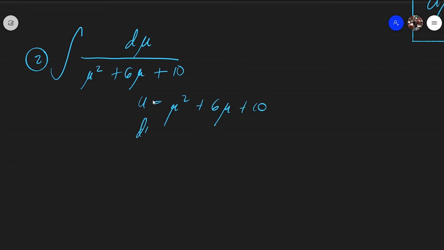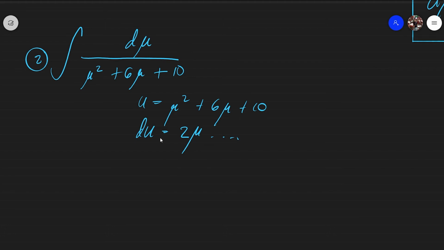And if you get the value of the du, you'll get 2 mu, etc. So it contains the independent variable mu. And right here in the original given function, the numerator does not contain the independent variable mu. So you cannot use the logarithmic function.